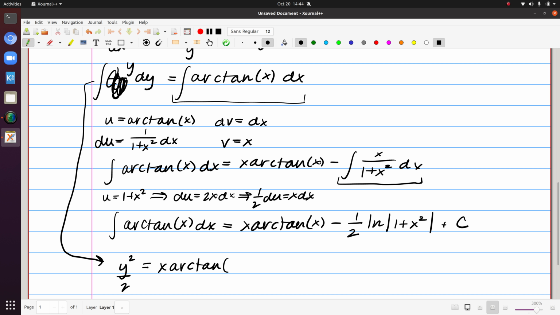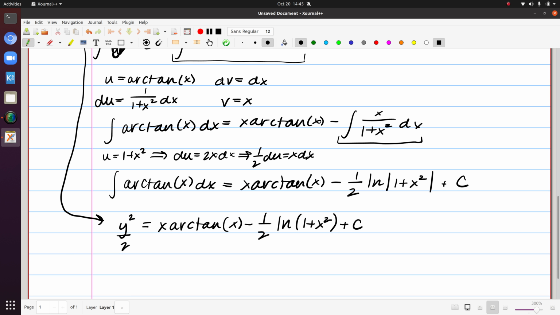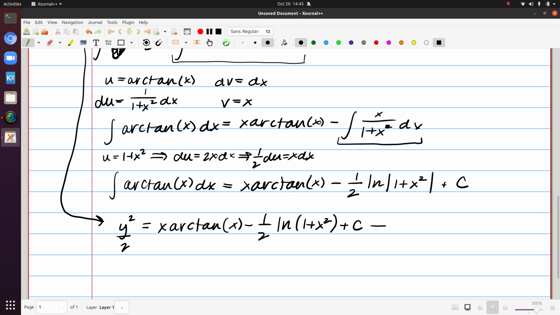And so we get this on the right-hand side. I can drop the absolute value bars because 1 plus x squared is always positive, but of course it's not wrong to keep those. And now I can multiply both sides by 2, telling me that y squared is 2x arctan x minus natural log of 1 plus x squared plus c.